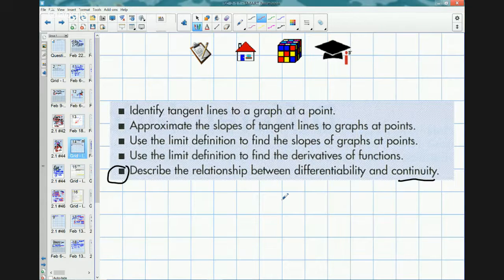Describe the relationship between differentiability and continuity. So, if we had a graph that had 2 parts like this, we've seen graphs like this that maybe have a vertical tangent line at x equals 0 like that.